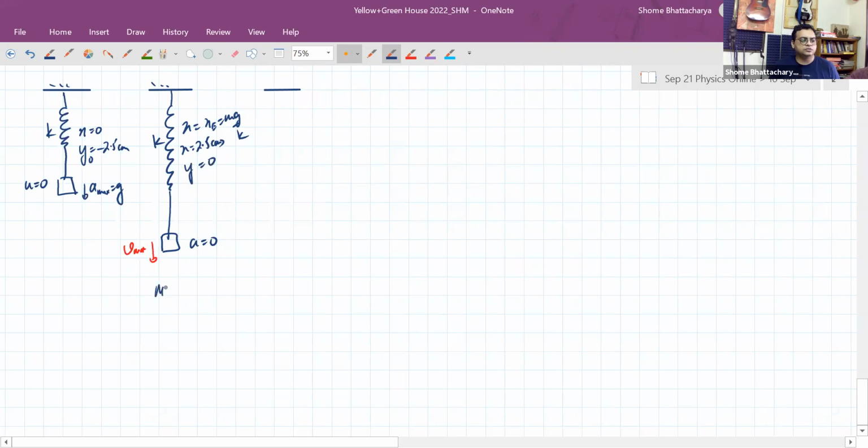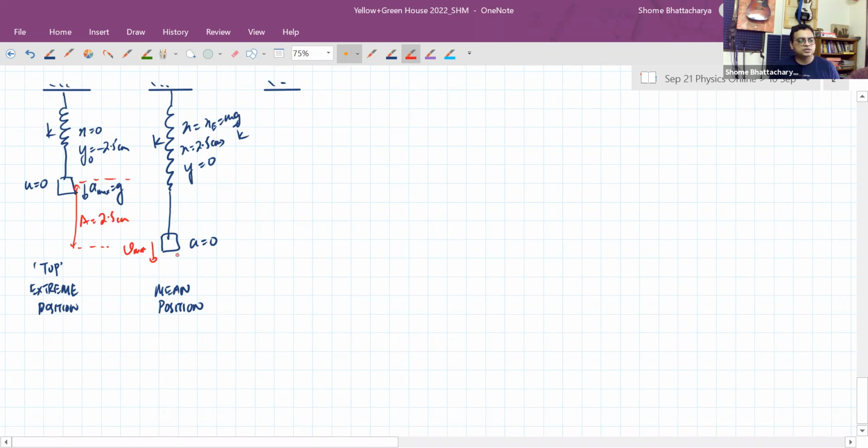This is the mean position. The earlier one was the extreme position at the top. So from extreme position to mean position, this displacement is one amplitude of 2.5 centimeters.